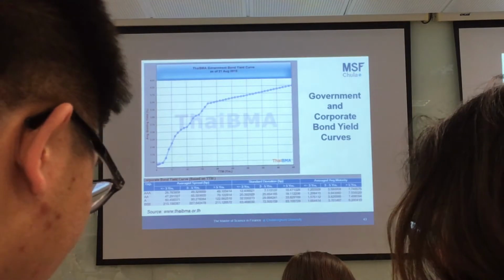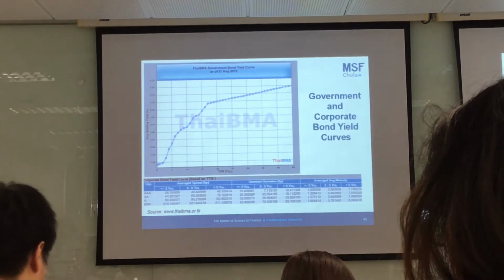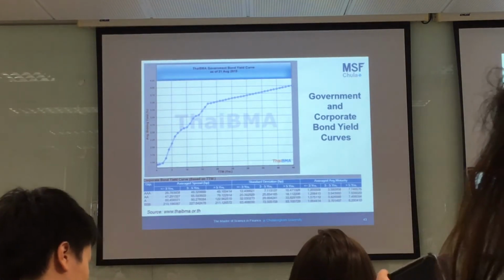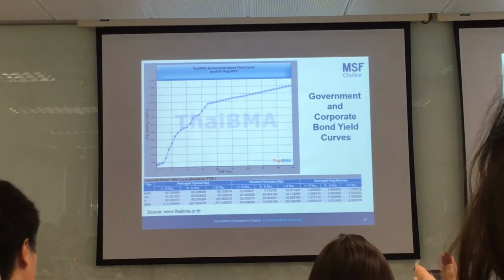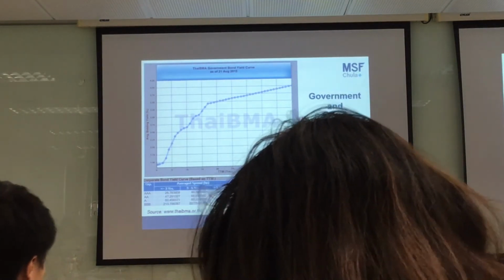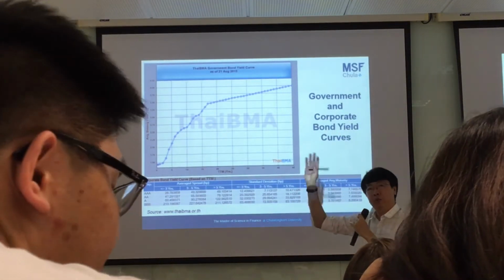This just shows the graph. Some students may wonder why the graph does not look nice. Of course, because we use the actual data to plot this. In the last lecture we tried to come up with, given that the actual data is discrete like this, how to construct the nice or smooth yield curve.